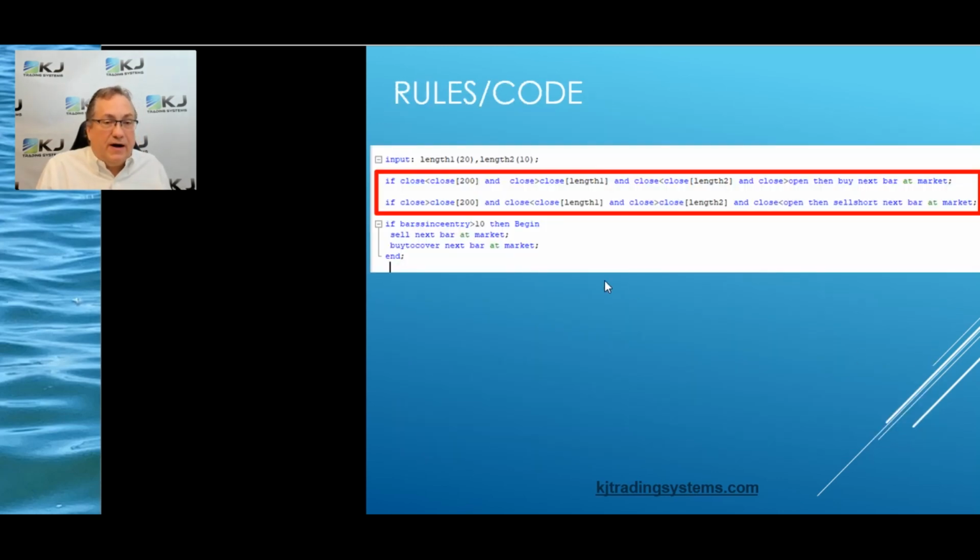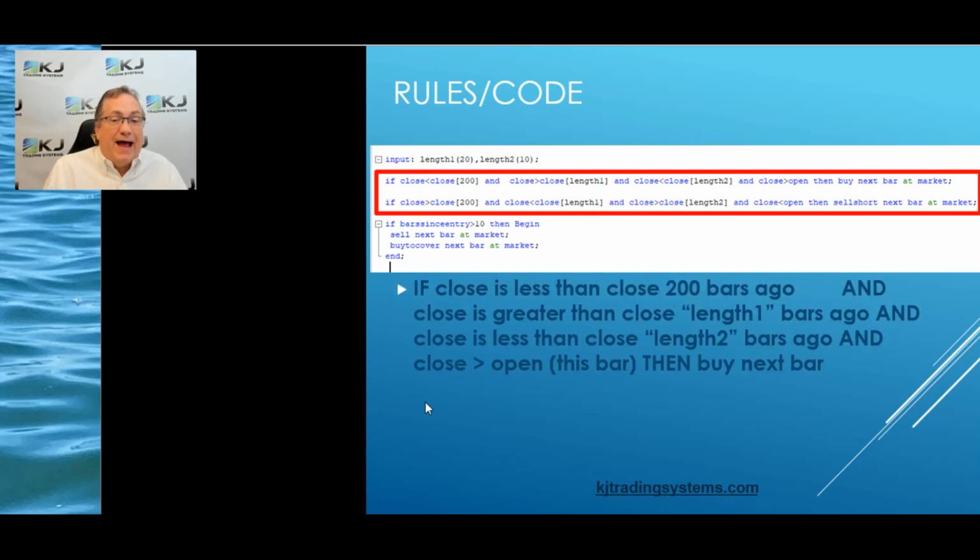Looking at the code in TradeStation format, here it is for the entries, for the buy and the sell short. You can see it's just what I described. I also want to point out that it's all ands. It's not ors, it's all ands, meaning all those things have to happen. And if you're buying, you first exit any short, and if you're short, you first exit any long.